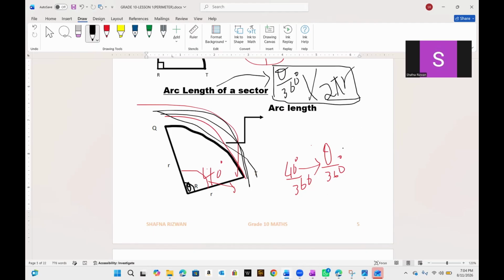So theta over 360 of 2 pi r. This is the formula for arc length: theta over 360 into 2 pi r. Understood?